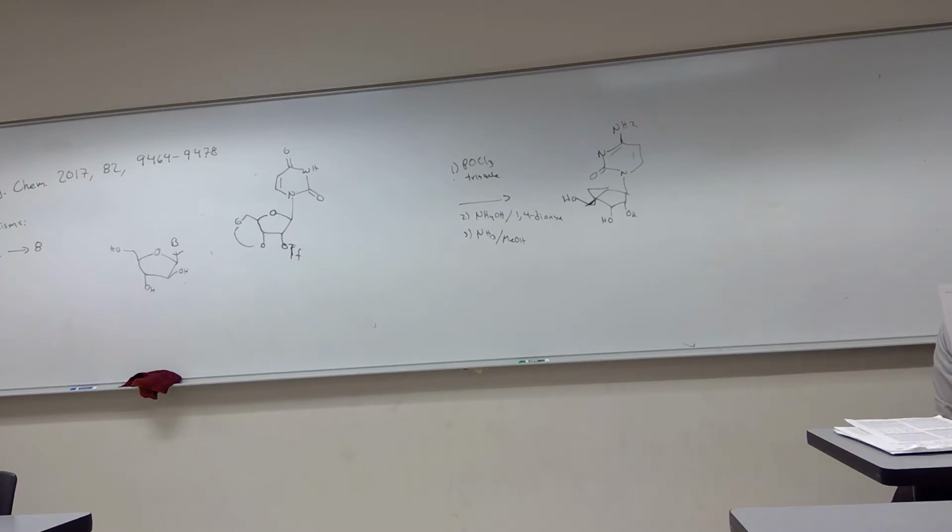So then what's C? DMP. Oxidation, yeah, and then D? Yeah, make an epoxide, but not only an epoxide, what else is going on there? Adding an extra carbon in. Yeah, an extra carbon. So how does that occur?